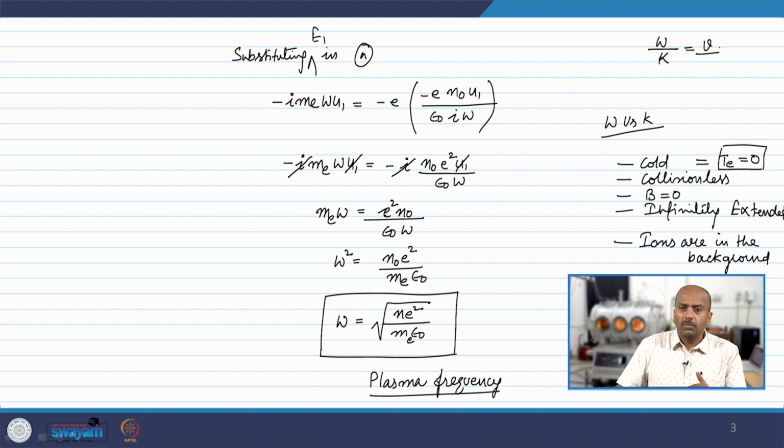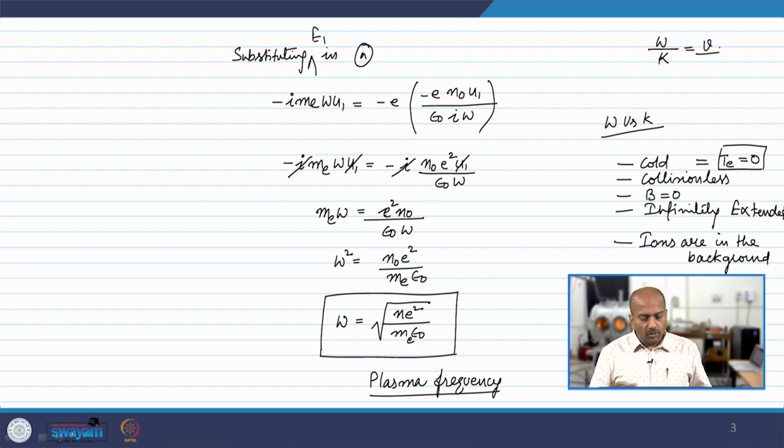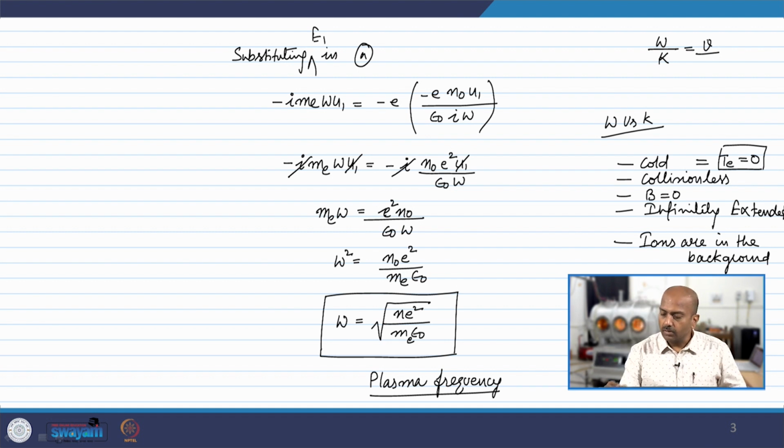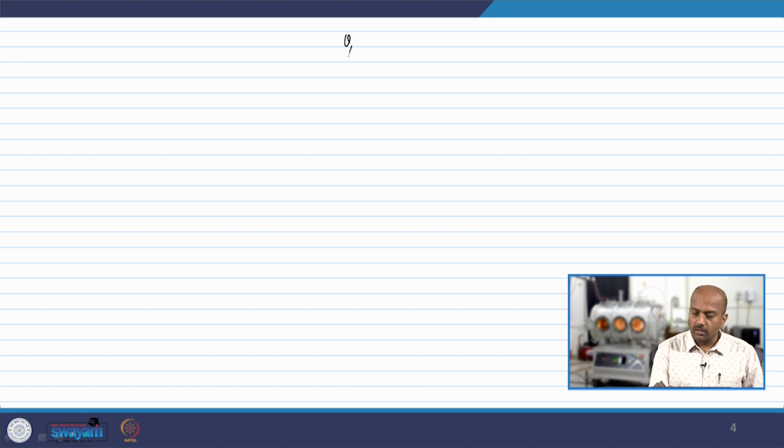But in this picture, a plasma wave is supposed to be something which is transporting information or energy from one point to another point. So, this says the velocities: Vp is omega by k and Vg is d omega by dk.